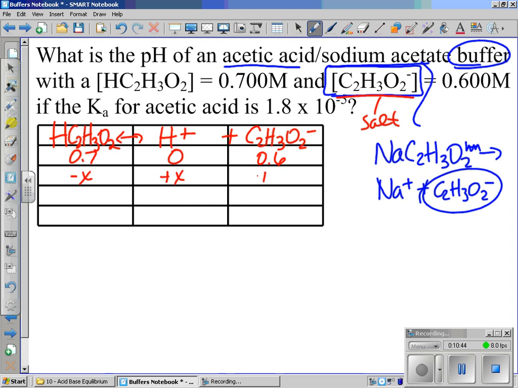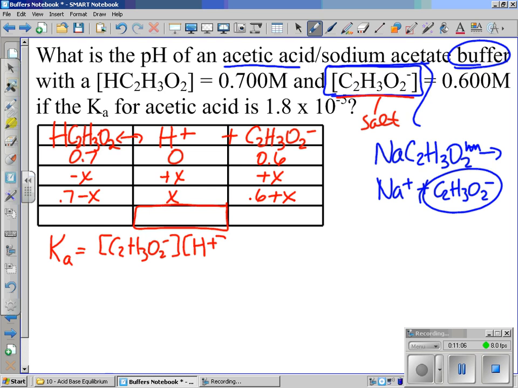If you want to pause at this point and do it yourself, and then come and check your work, that's fine. So we end up like that. We know we're trying to find the pH, so this is the box I need, which means I need to figure out what X is. They gave me Ka. You know Ka is C2H3O2 minus times H plus.